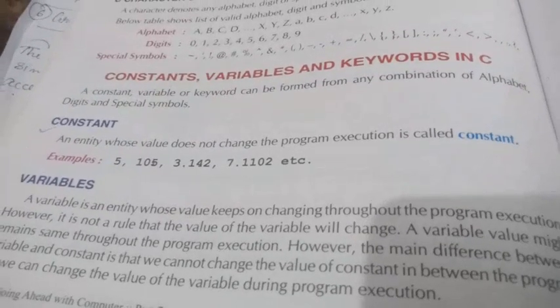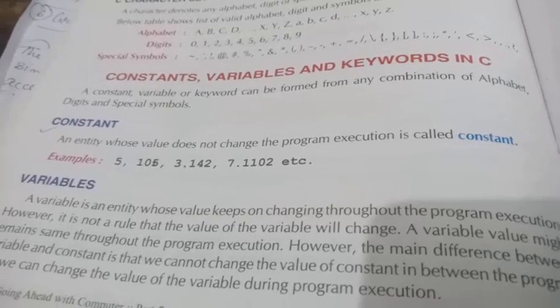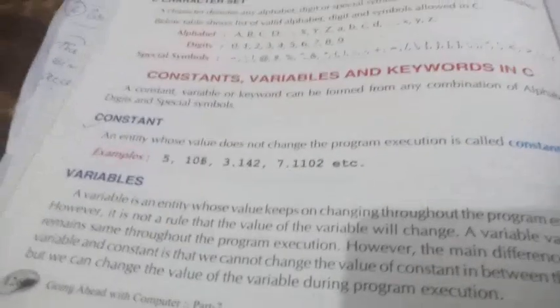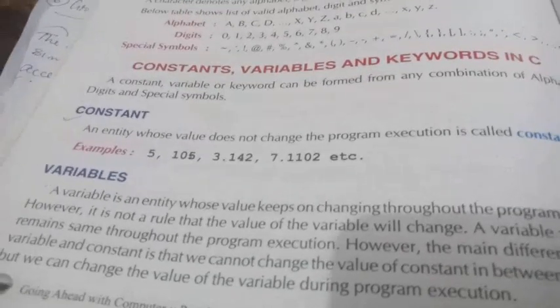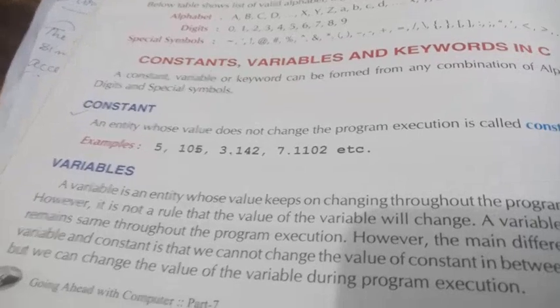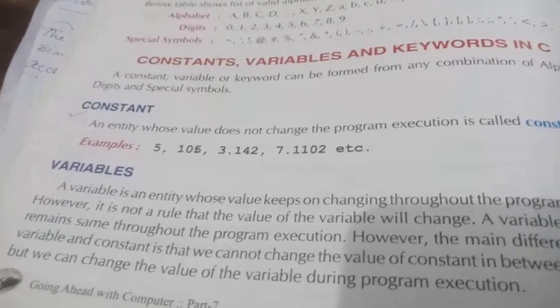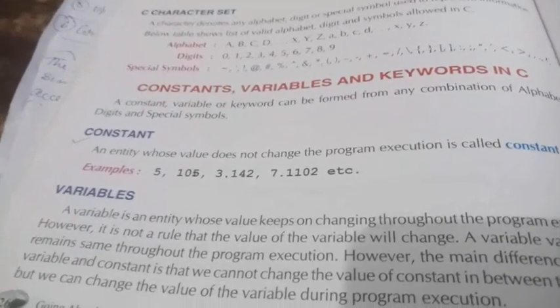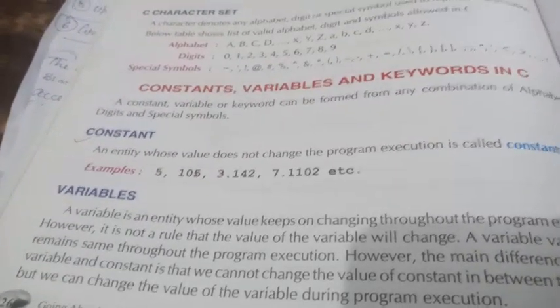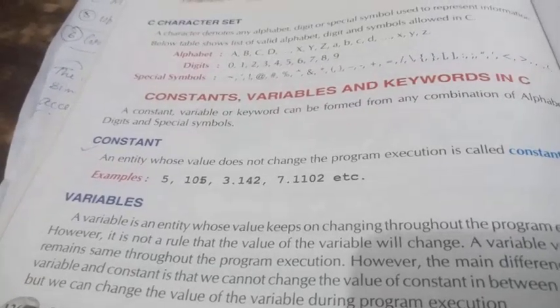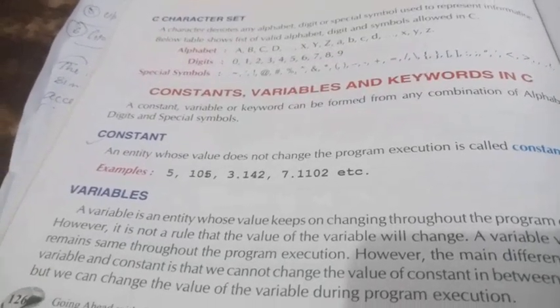All these values do not change during program execution. Okay, so this is about constants. When we talk about mathematics, pi has a constant value of 3.14. So when we require pi in C programming, the value of pi does not change. So this is about constants.